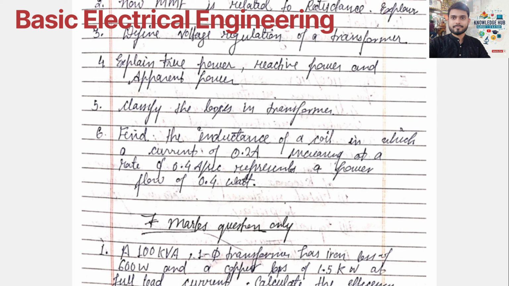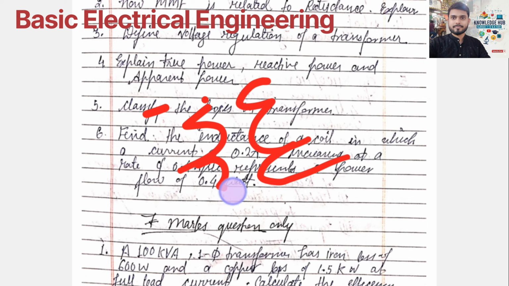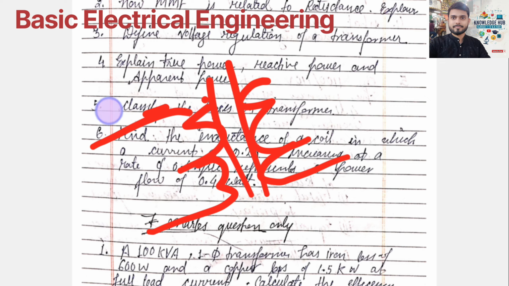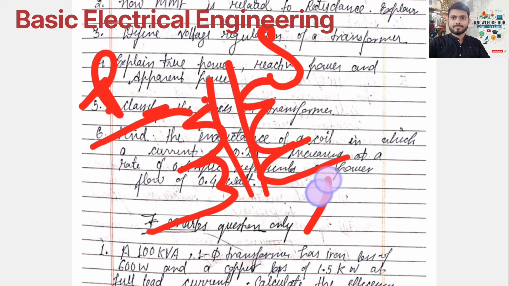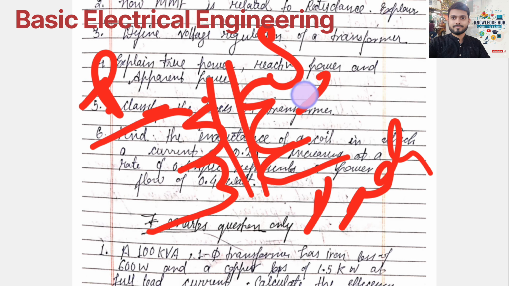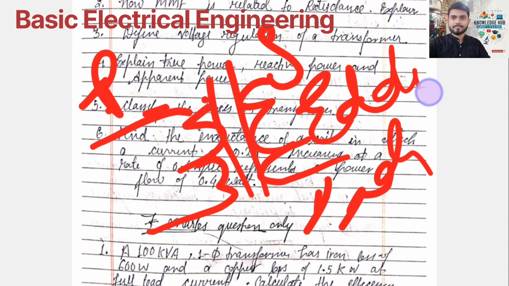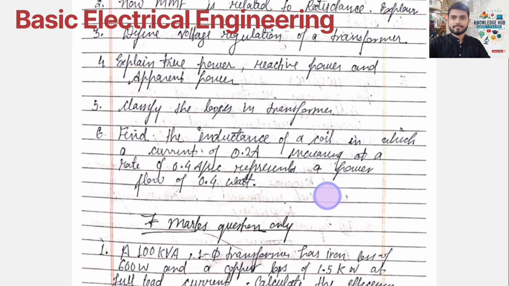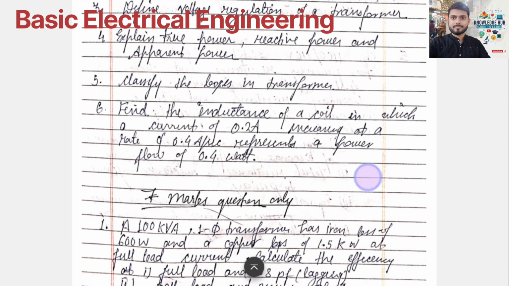Losses of a transformer. We know that this is a transformer with primary and secondary, but basically there are many losses, like eddy current loss and other types of losses included in the transformer.